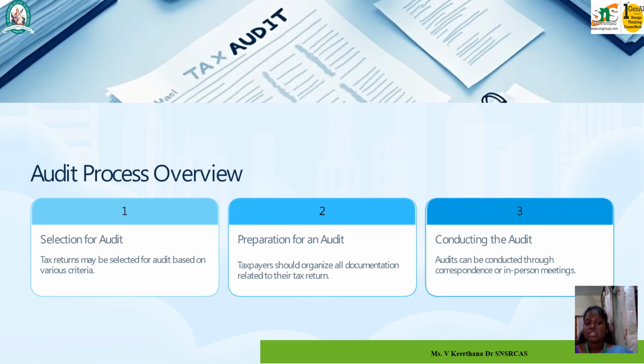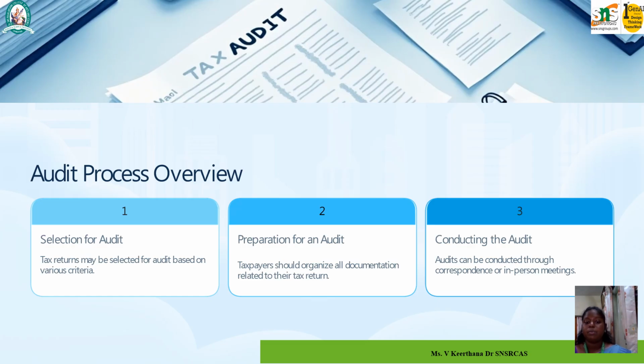First is selection of audit, preparation for audit, and conducting the audit. The first procedure is that we have to file the forms and submit the necessary and fair documents, then they will review our reports, and third is the auditing process. In selection for audit, tax returns may be selected for audit based on various criteria.